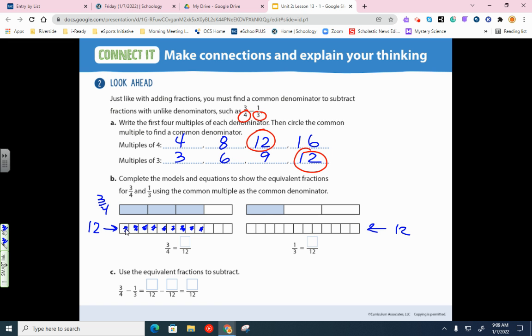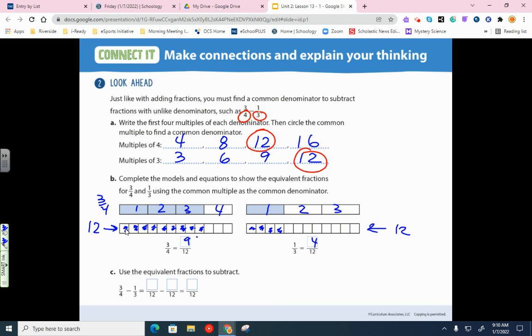There's 1, 2, 3, 4, 5, 6, 7, 8, 9. So 3/4 is equal to 9/12, just like that. Same deal for here. We got 1, 2, 3, 4, and that 1/3 is equal to 4/12.